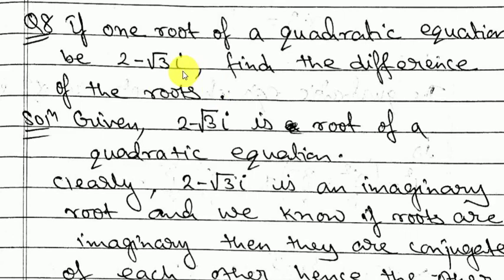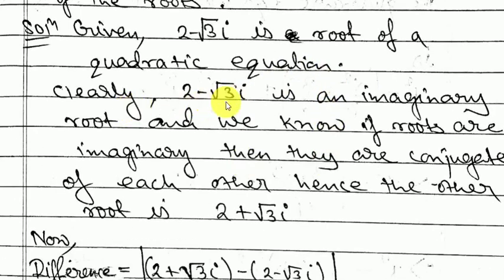So if one root is this, then the other root will be 2 plus square root of 3i, and we have to find the difference. So given 2 minus square root of 3i is the root of the quadratic equation, clearly it is an imaginary root, and we know if roots are imaginary then they are conjugate of each other, hence the other root is 2 plus square root of 3i.